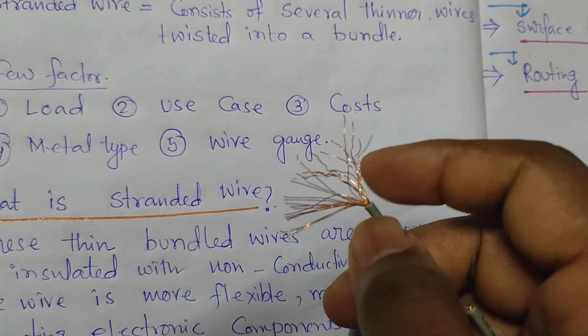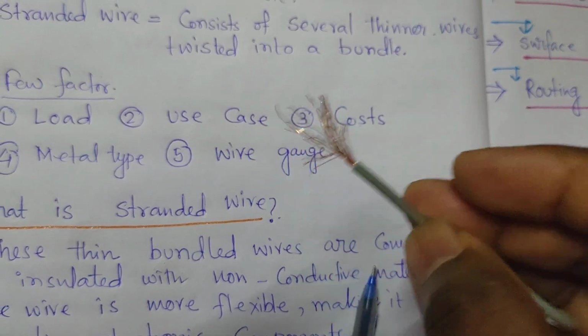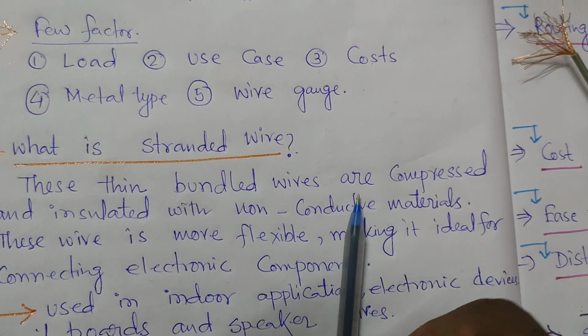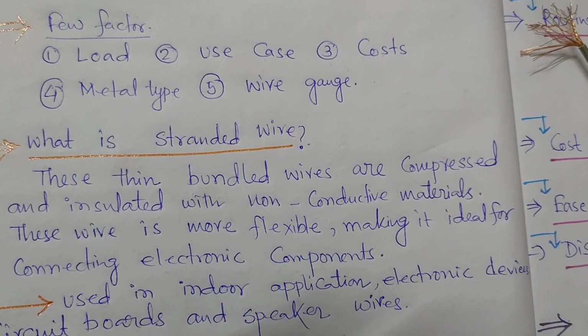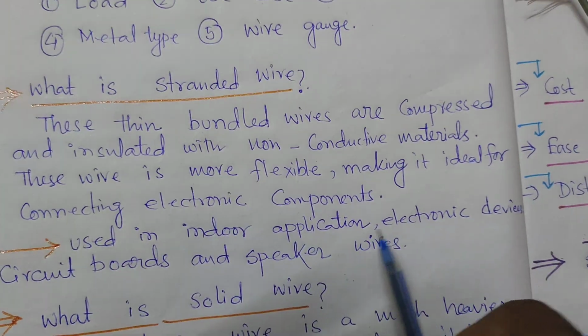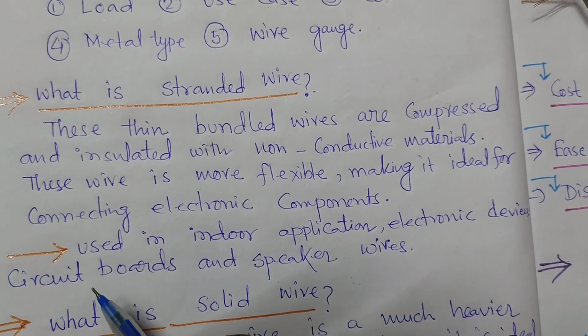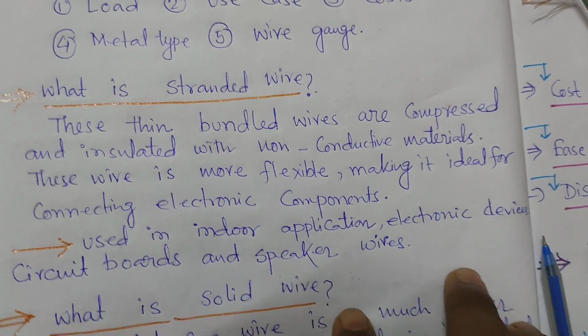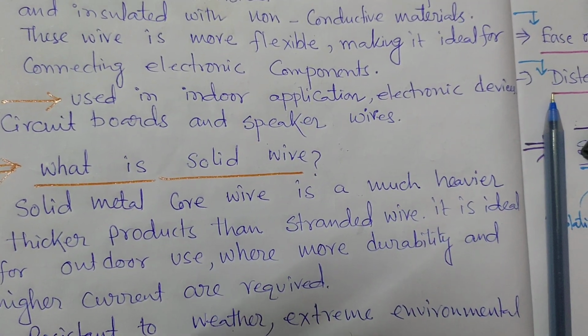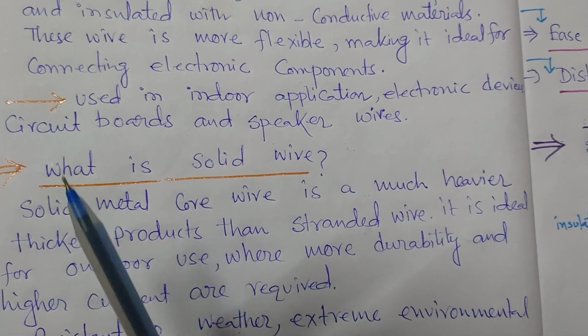This is the conducting copper material and this is the non-conductive material. These wires are flexible, which makes them ideal for connecting electronic components, used in indoor applications, electronic devices, circuit boards and speaker wire.